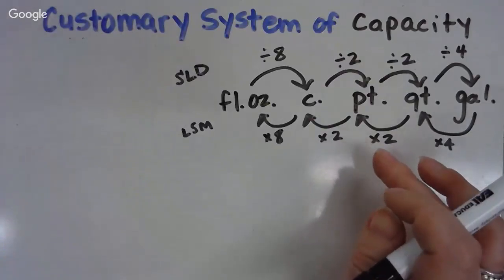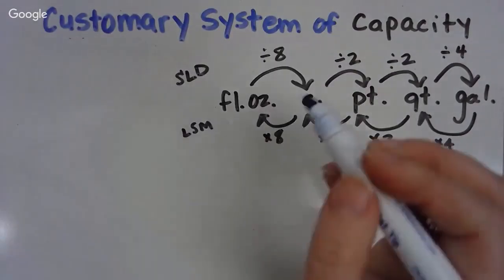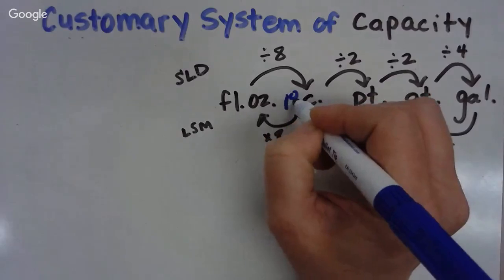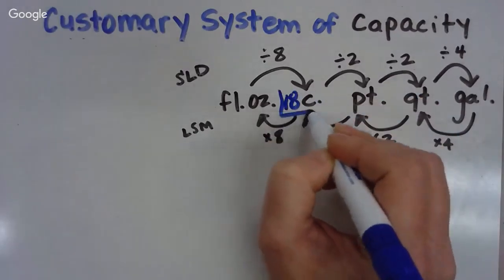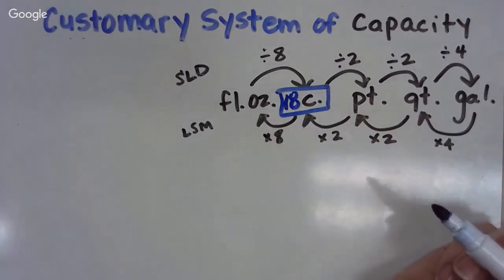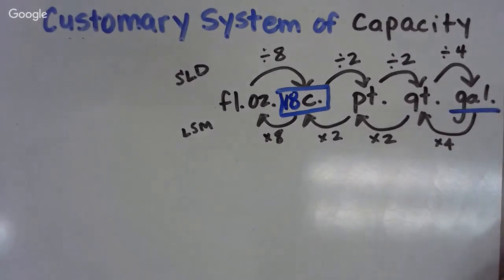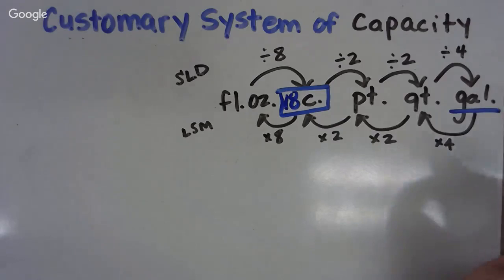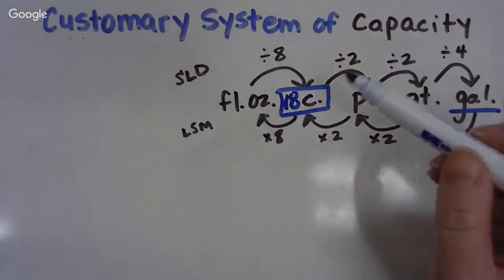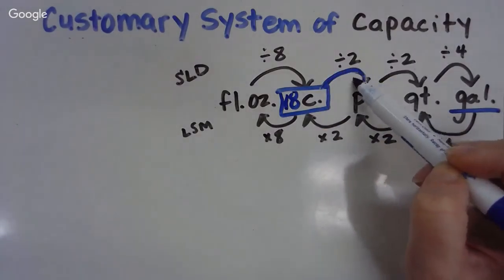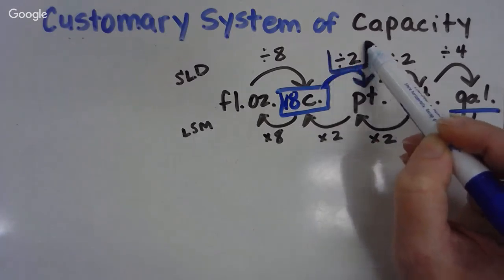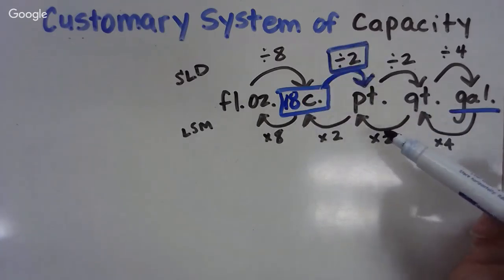So we go back to our chart. We are starting with 18 cups. This is my starting point. But I want to know how many gallons are in 18 cups. I can see that there are multiple conversions, multiple steps that I have to do to go from cups to gallons. I'm going to need to divide by 2, see how I can utilize my chart like a map.